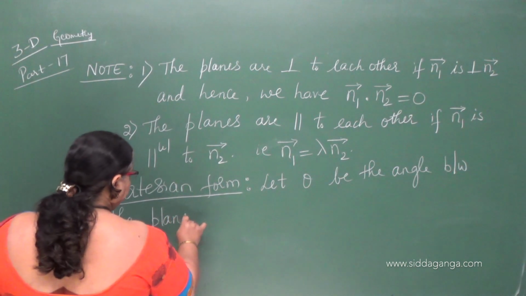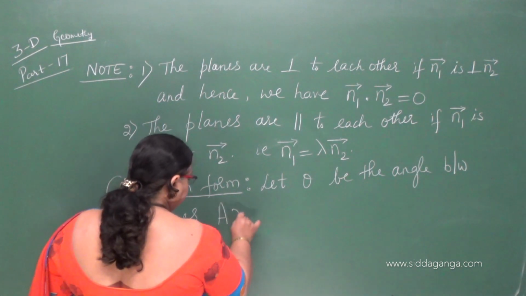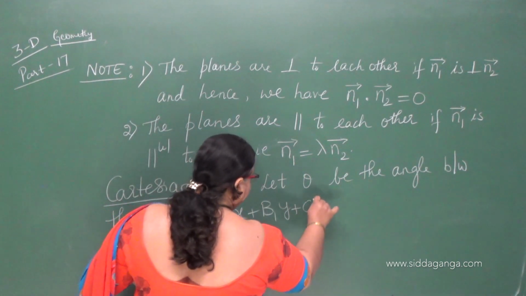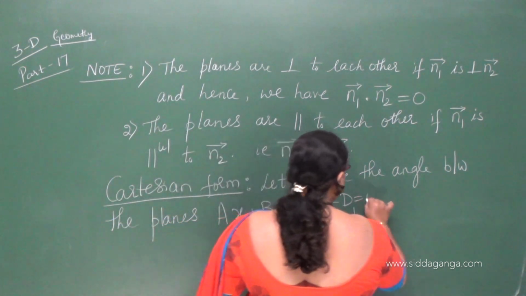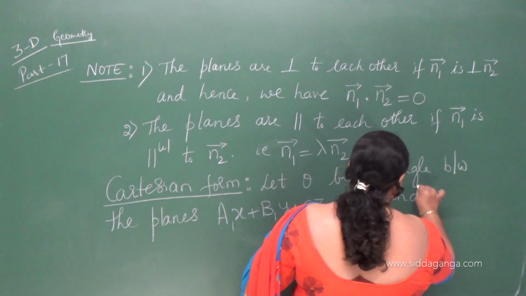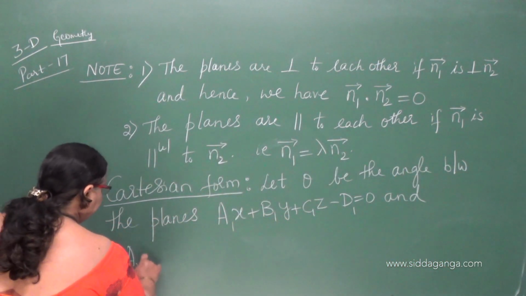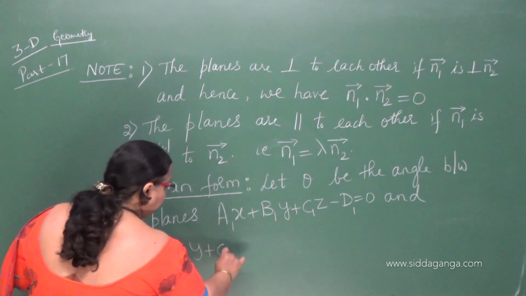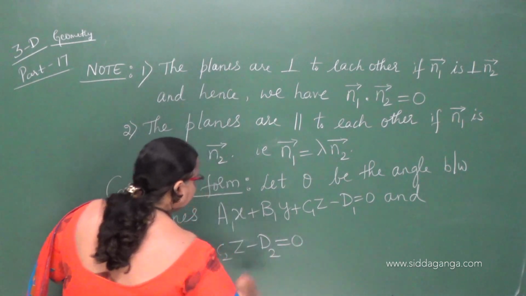You consider the planes in the Cartesian form, a1x plus b1y plus c1z minus d1 equal to 0, and you take the second plane as a2x plus b2y plus c2z minus d2 equal to 0.